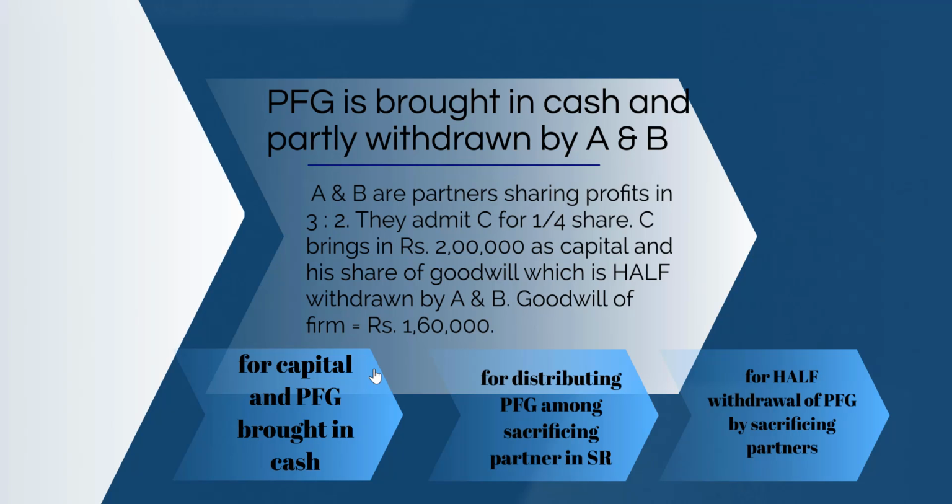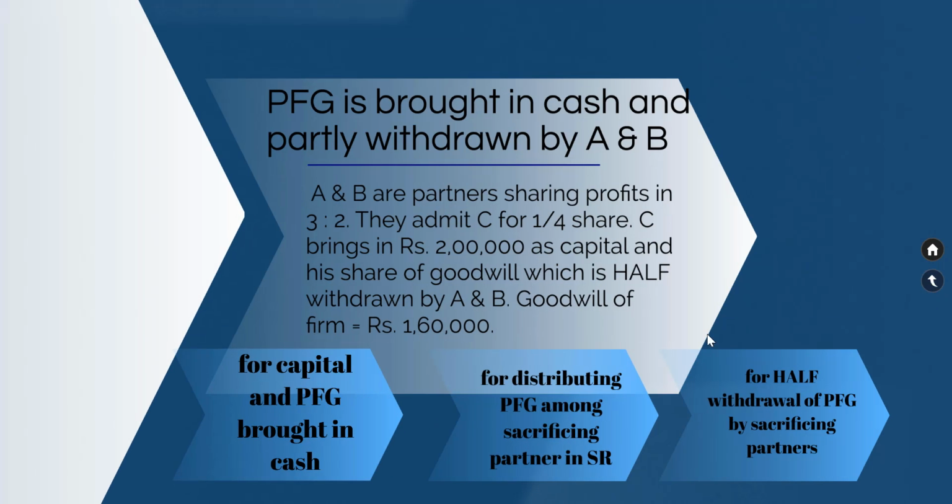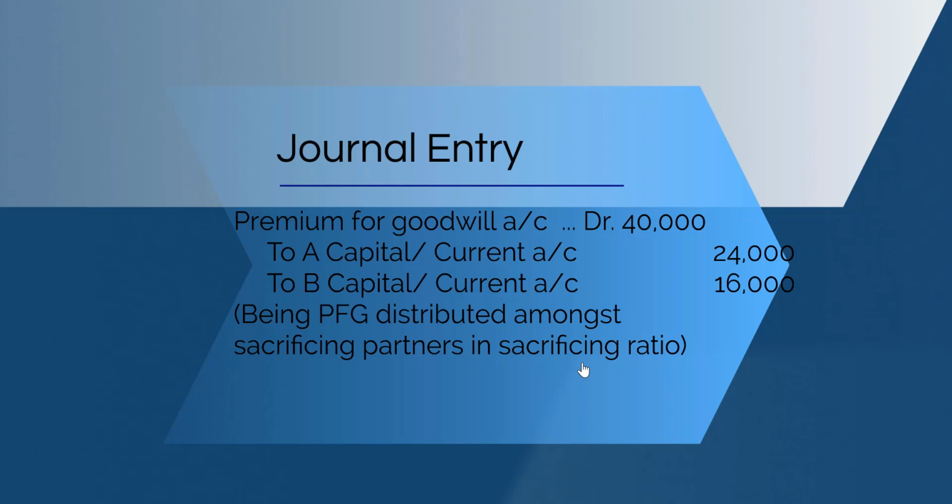The first journal entry is for the capital and premium for goodwill brought in by C. Bank account debit rupees 2,40,000 to C's capital account rupees 2 lakh, to premium for goodwill rupees 40,000 for the capital and premium for goodwill brought in by C. The second entry is for distributing the premium for goodwill amongst the sacrificing partners in their sacrificing ratio.